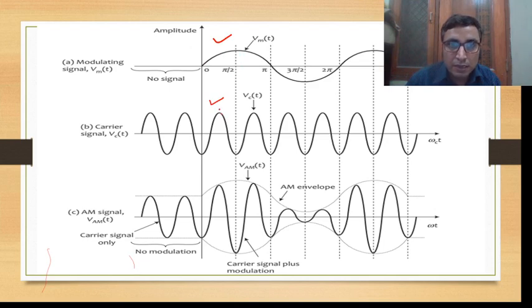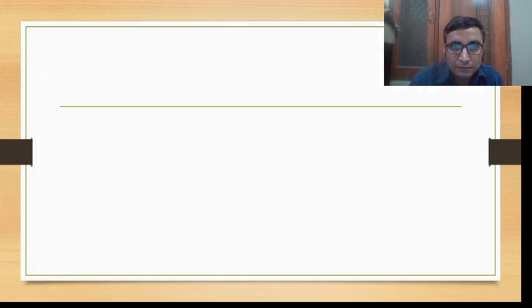As we have noticed, the amplitude of the carrier varies in accordance with the modulating signal or message signal. So this is the amplitude modulated wave in time domain representation.